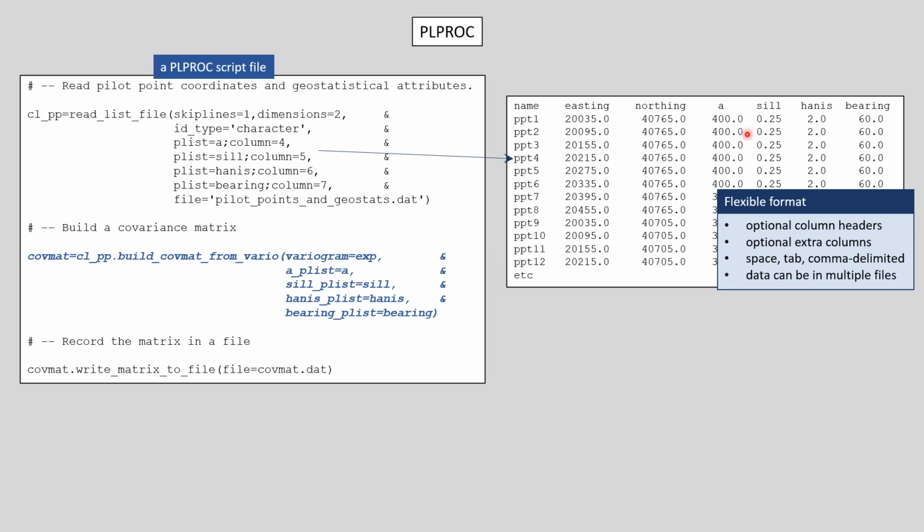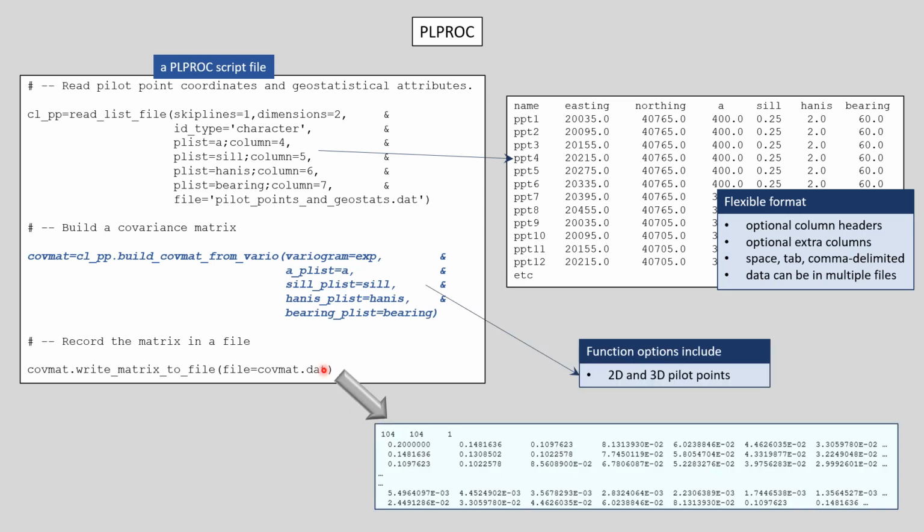We then use this same function that we used before, build_covmat_from_vario, but in this case the arguments are different, and the arguments are such as to allow us to associate different variogram properties with different pilot points. So it then constructs the covariance matrix in the same way that ppcov_sva constructs the covariance matrix. Once that covariance matrix is built, it is then written to a file using the last of these functions.